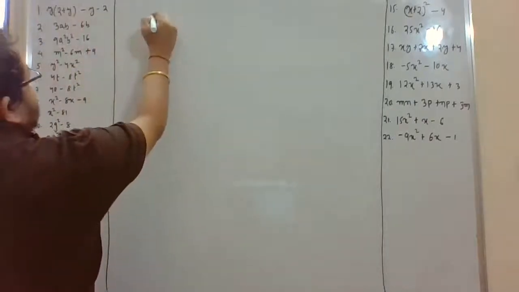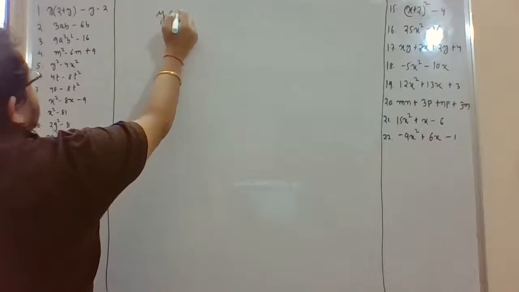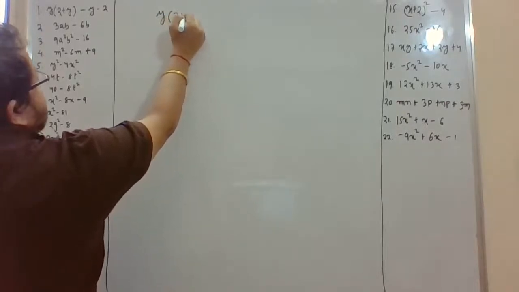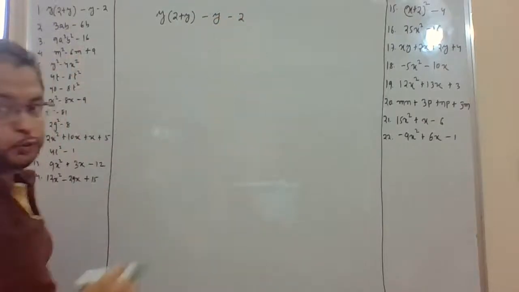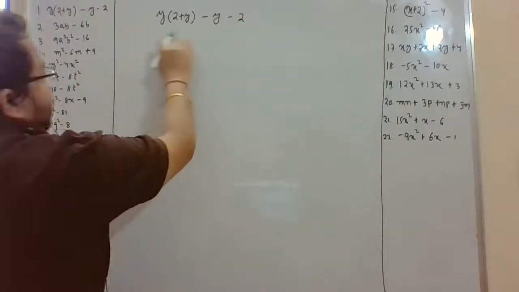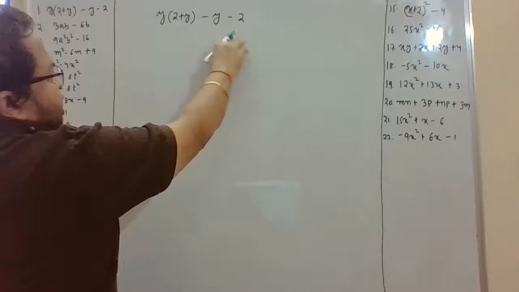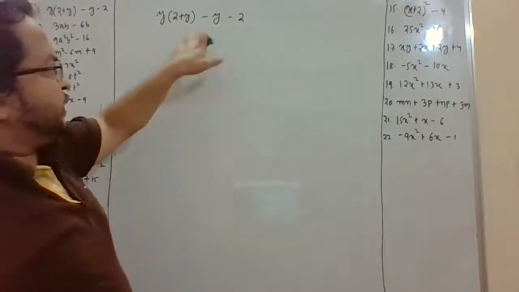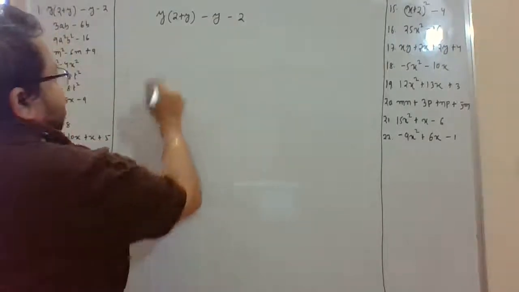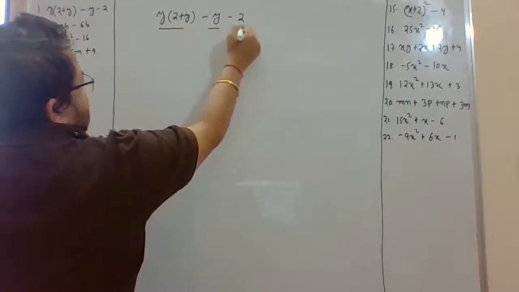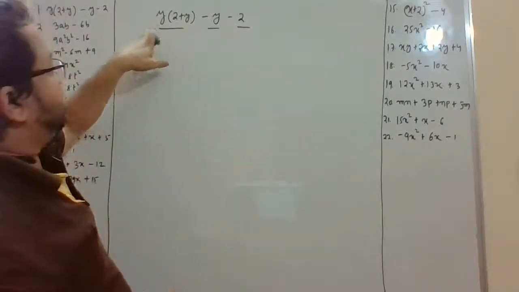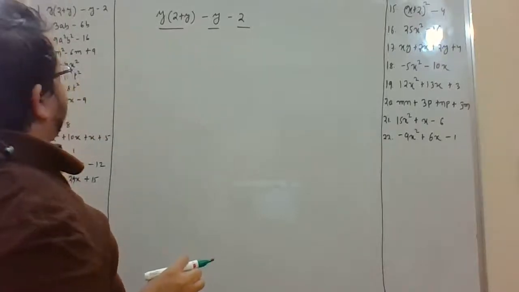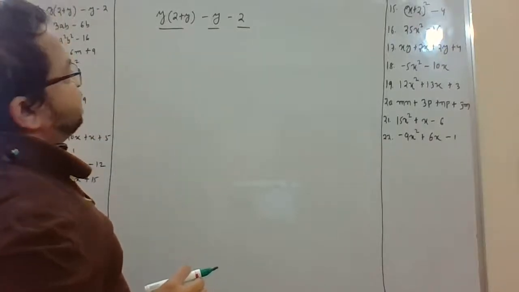The first problem says y into 2 plus y, minus y minus 2. I have got three terms in this expression: term 1, term 2, term 3, and term 1 is also expressed as a product of two factors. I want to do the factorization.